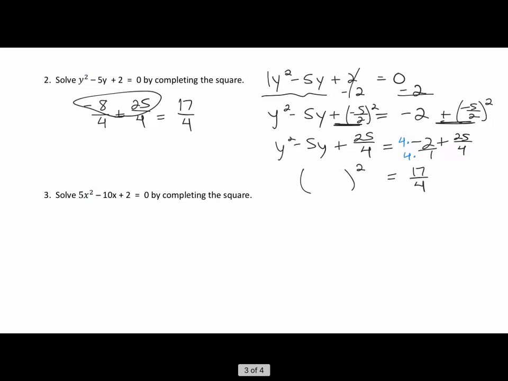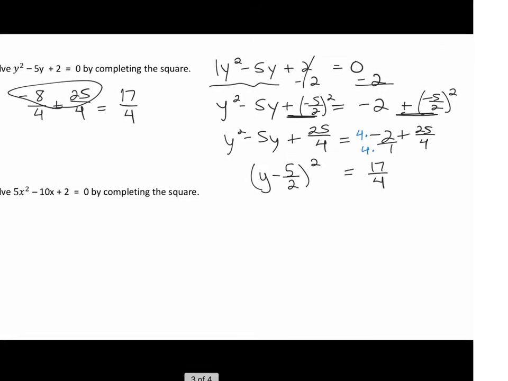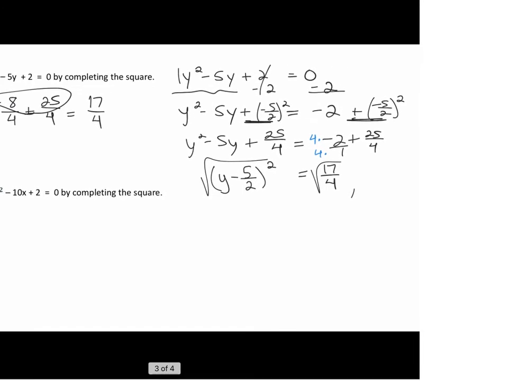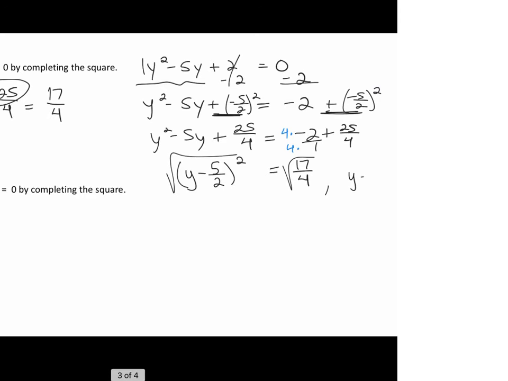On the right side. On the left side, this is going to factor to the square of the binomial y plus half of b, quantity squared. And now that we have this looking like a square equals a number, we can apply the square root property to solve. So that will leave just the radicand on the left side, y minus 5/2, plus or minus on the right, square root of 17/4.